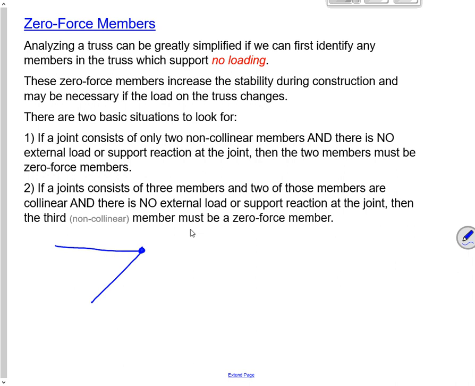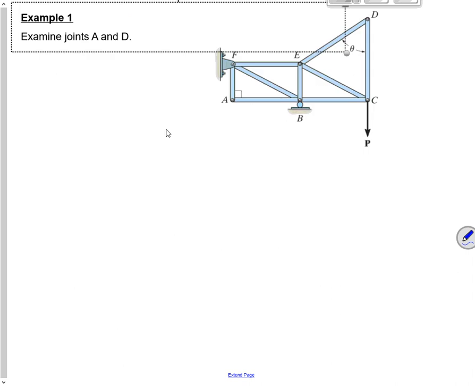If you have a joint where there's three members coming into it, but two of them are collinear, so I've got two going this way and one going this way, and there's no external load applied at that joint, then the one pointing up is going to be zero. Why? Because the other two can be equal to each other. They have to be equal to each other. So an example.